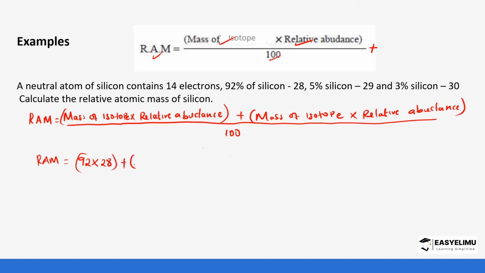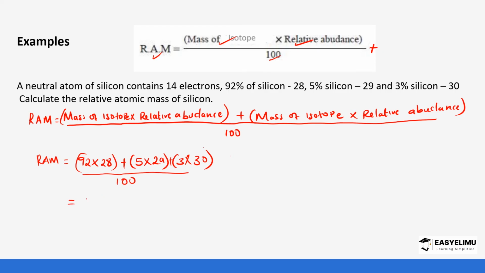The second isotope is 5%, and the mass number is 29, and the third is 3%, and the mass is 30. So everything is going to be divided by 100. So let's put the values.